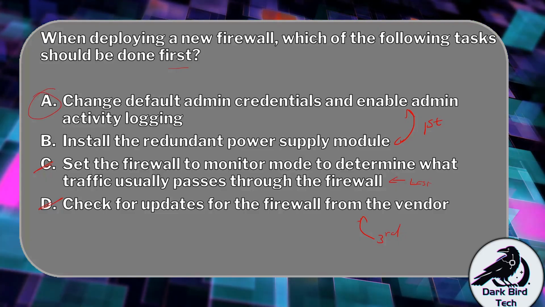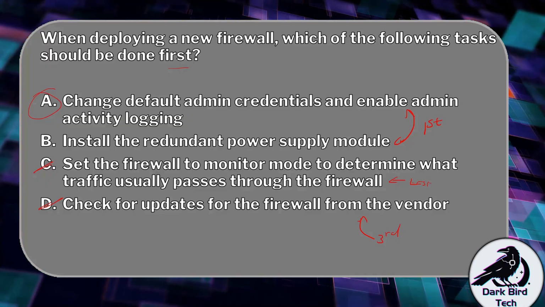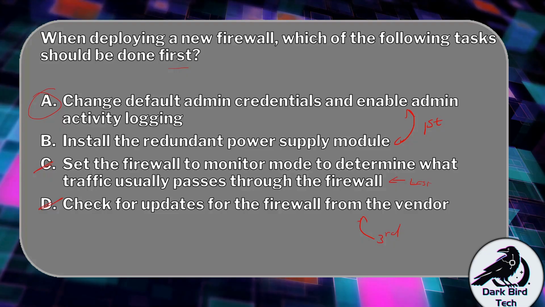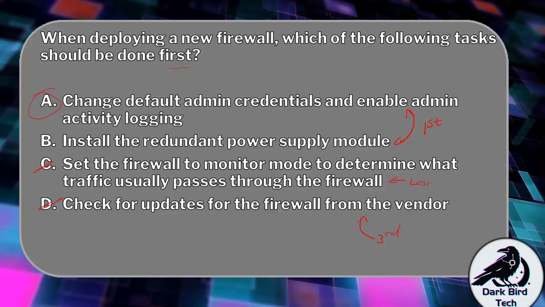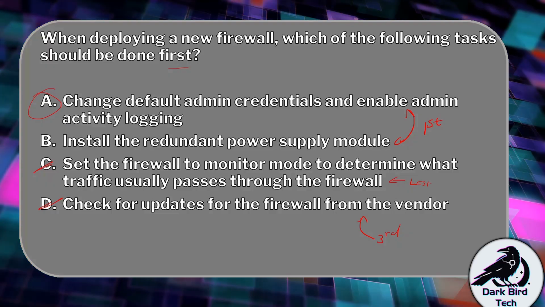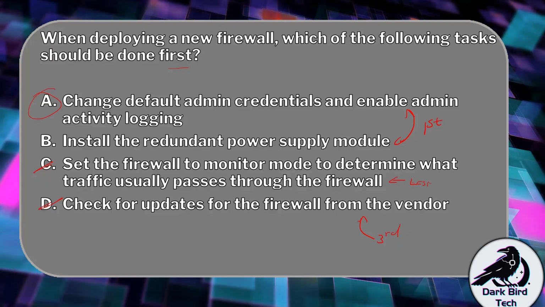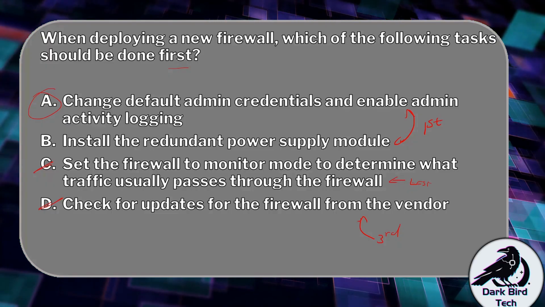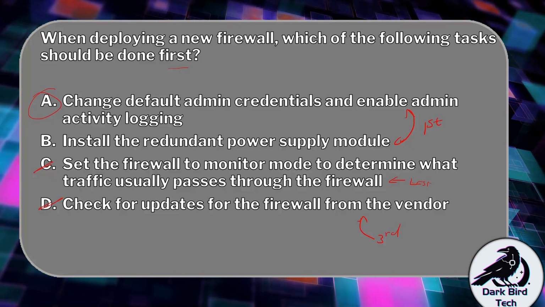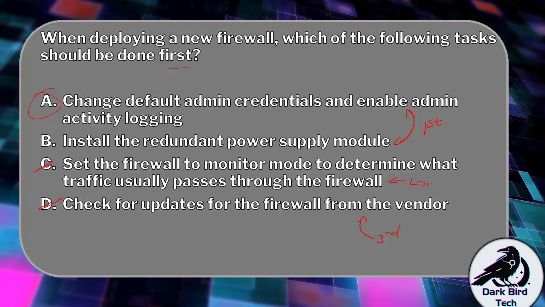I'm going with changing default credentials because a redundant power supply can be added at any time and it's not going to make a big difference. But if my firewall goes live with bad default credentials, even in monitor mode, that is dangerous. And it's something that's very, very easy to overlook because imagine you are deploying a firewall. You're thinking about the rules you need to configure. You're thinking about alerting and logging.